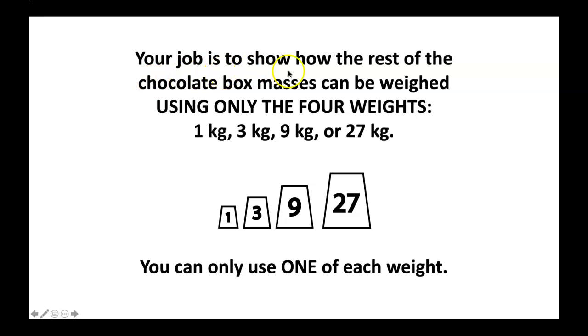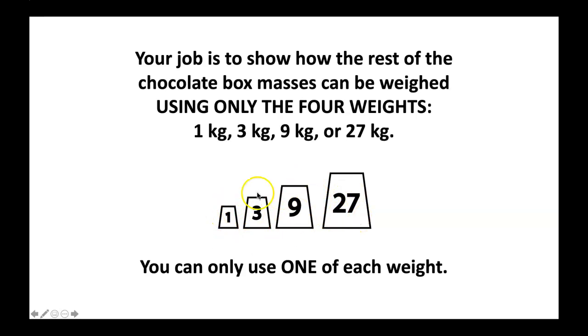So your job is to show how the rest of the chocolate box masses can be weighed using only the 4 weights. You can only use a 1, 3, 9, and 27 kilogram weight, and you can only use 1 of each. So you can't use 2 that weigh 1 kilogram.